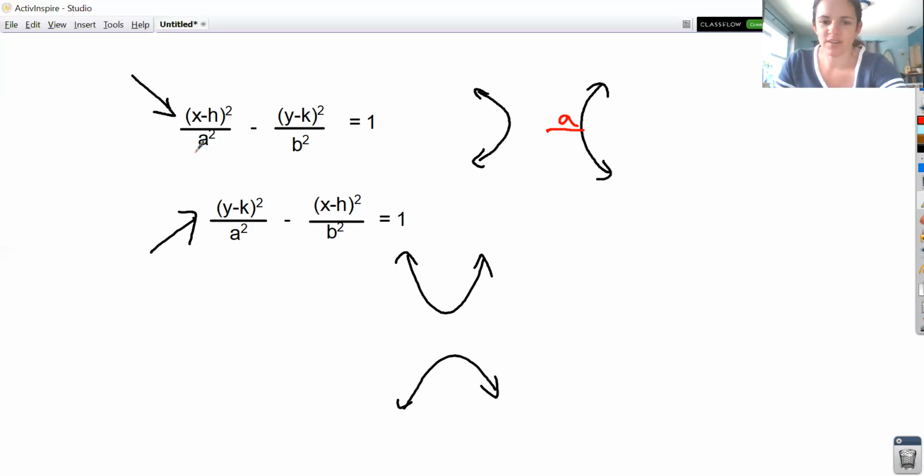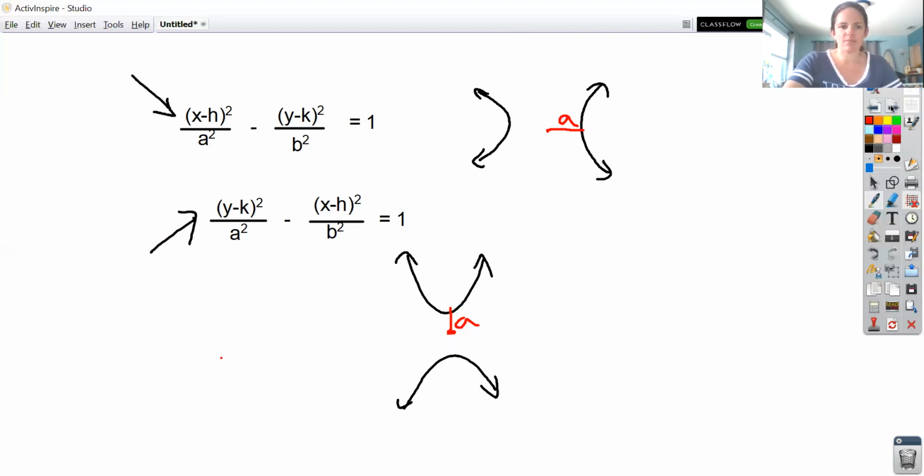But if it's vertically oriented, then A, the distance from the center to the vertex, is now in the y direction, which is why it has to be underneath the y quantity. So A doesn't always go with one or the other, and you have to pay attention to that a little bit.